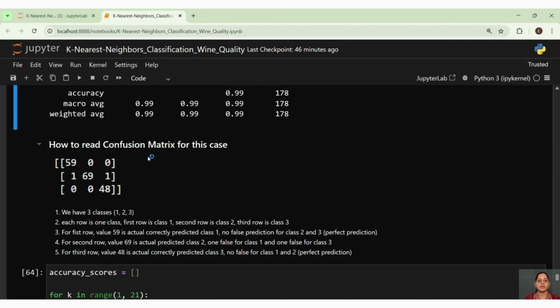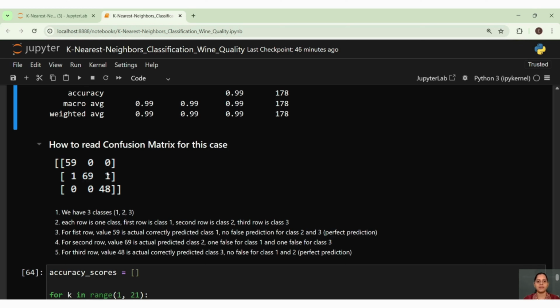In the first row, we have 59, 0, 0. What it means is that 59 outputs are predicted correctly as class 1, and there is no false prediction for class 2 and class 3. Similarly, if we come to the second row, 69 are correctly predicted as class 2.